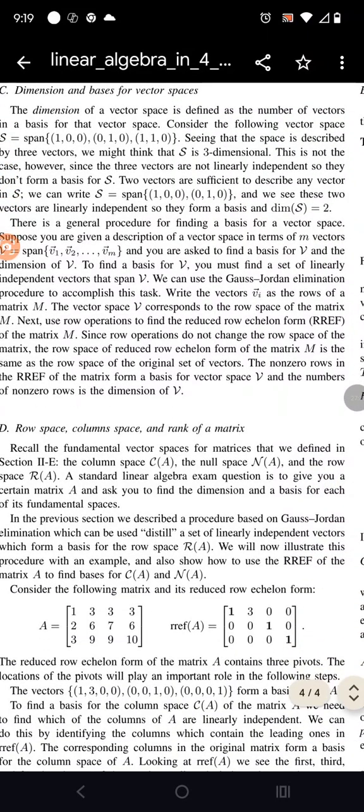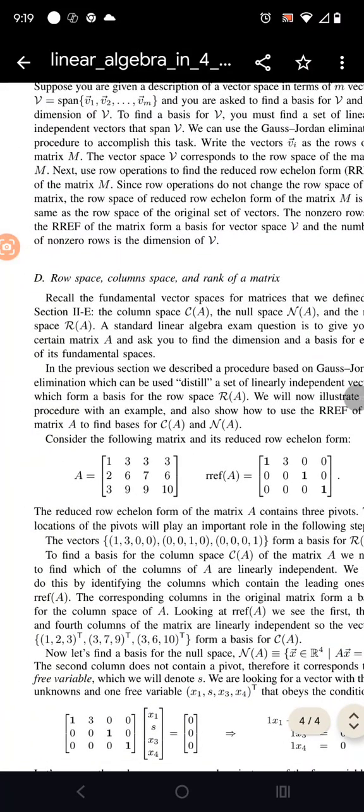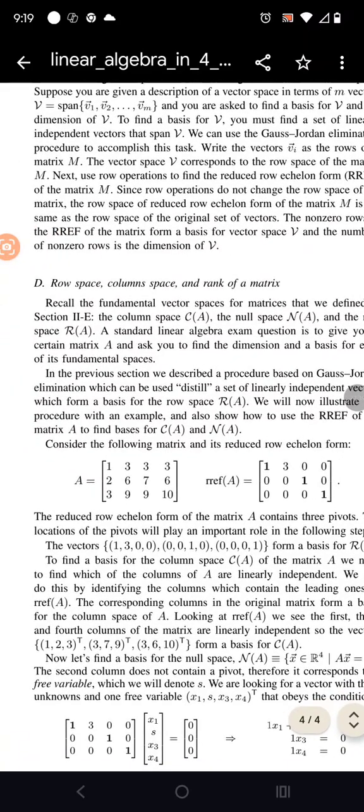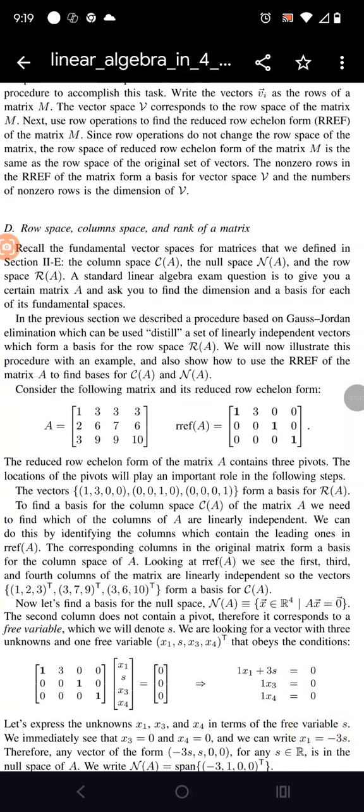Row space, column space, and rank of a matrix. So row space, we already saw that before. Column space, we already saw that. So we have a reduced echelon form which contains 3 pivots.